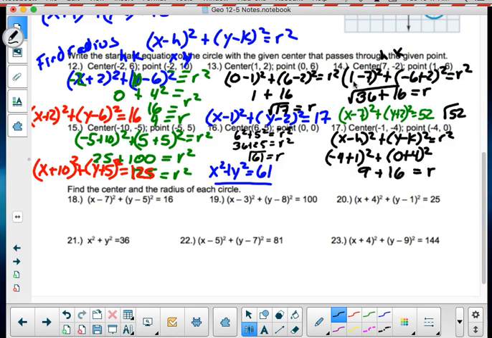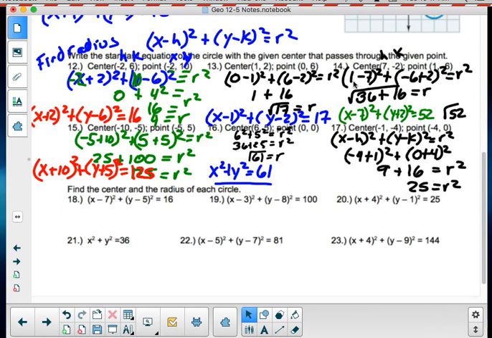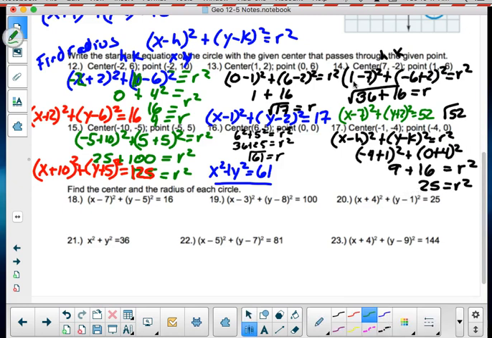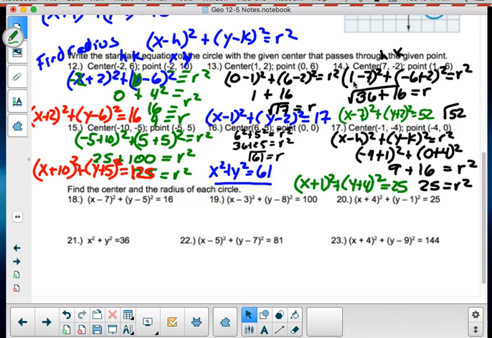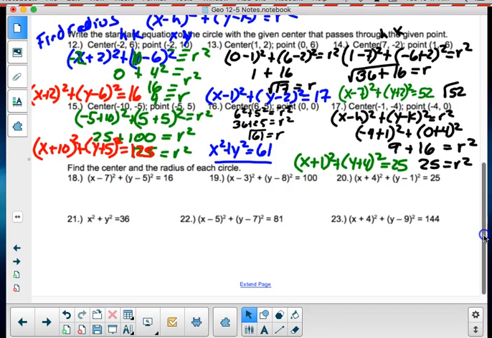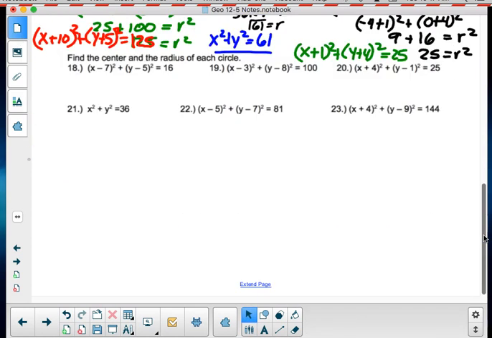And my r squared is 25. So my radius is 5 here, but I'm asked to find the equation. So I'm going to write that equation: (x + 1) squared plus (y + 4) squared is equal to 25. And that's my equation. But that other work had to be used for me to find what's going on with my equation in standard form.